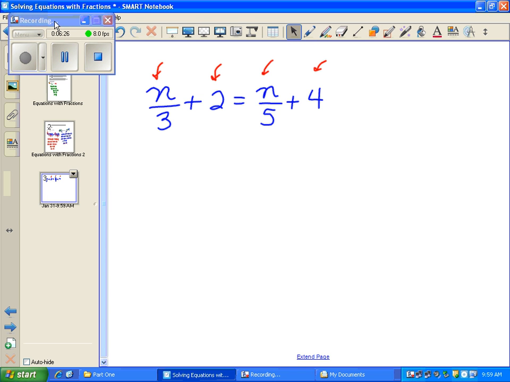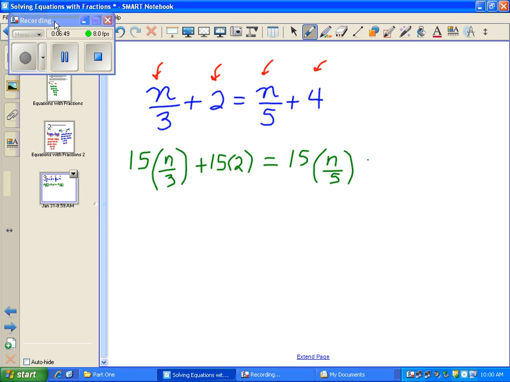When you multiply by 15, in order to not change the equation, you have to multiply every single term by 15. So it's going to end up being 15 times n divided by 3 plus 15 times 2 is equal to 15 times n divided by 5 plus 15 times 4.